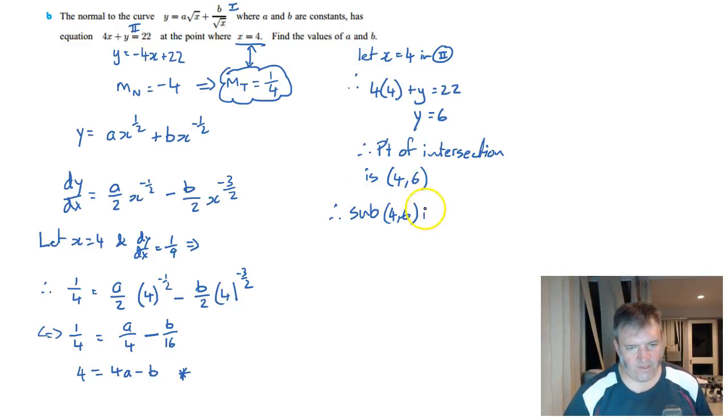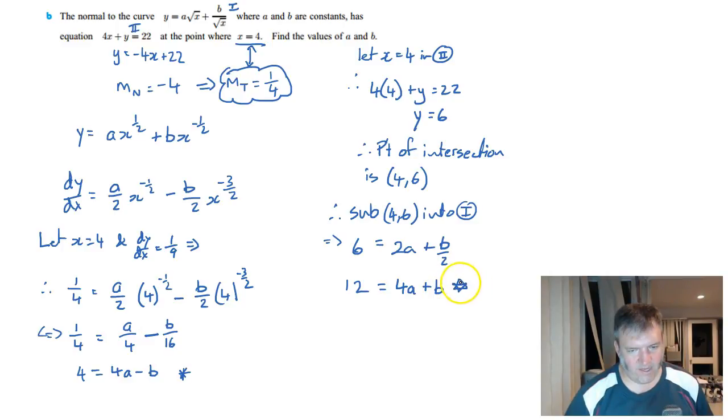Sub 4, 6 into equation 1. What does that give me? Oh, that gives me 6 equals a times the square root of 4, which is just 2a, plus b divided by the square root of 4, which is b over 2. Let's multiply through by 2, just to get rid of that denominator. 12 equals 4a plus b.